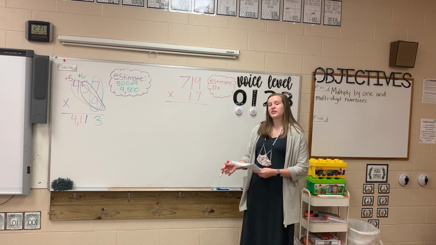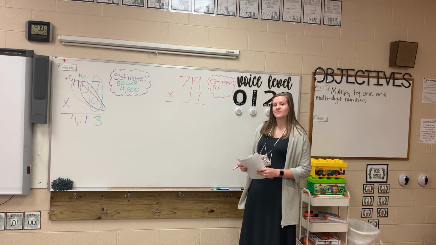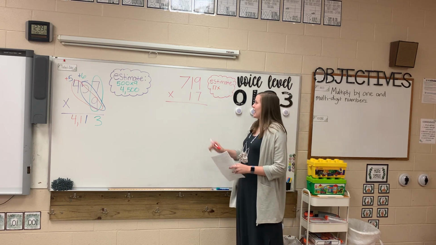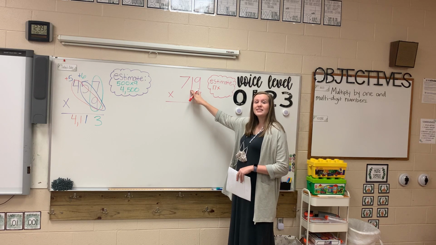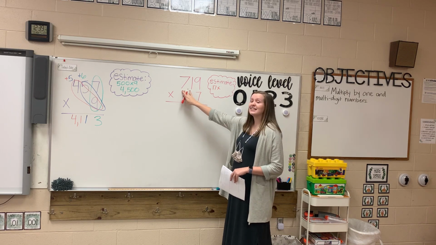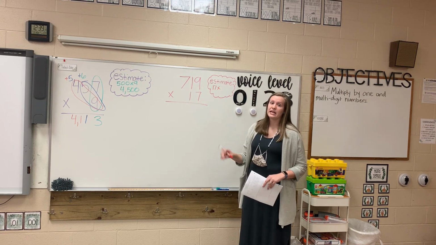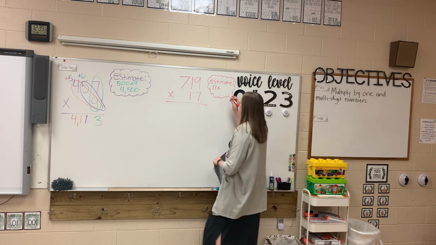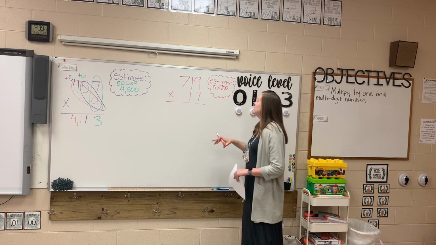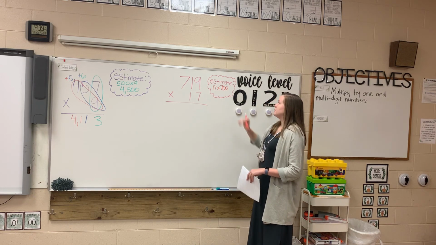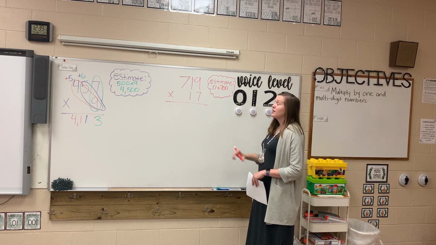Which one would you round it to? Me too, 700, right? Because if you look in our tens place, that's a 1. 1 tells us that we need to round this down to 700 rather than up to 800. So we have 17 times 700 to get our estimate.